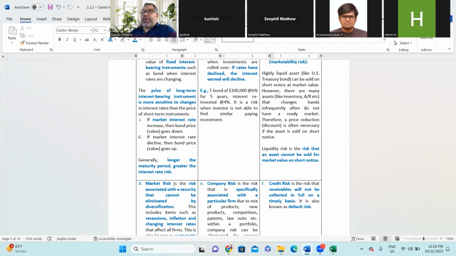For example, you have taken a short-term loan for 6 months in January 2022, right? That is completing on 30th June 2022, and you'll be repaying it. After that, you may have more needs for working capital. Then again, you have applied for the loan, right?